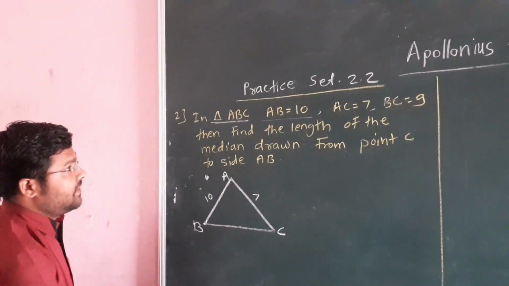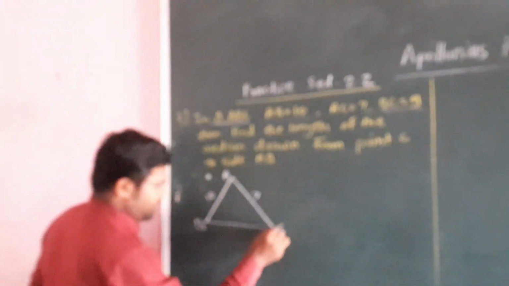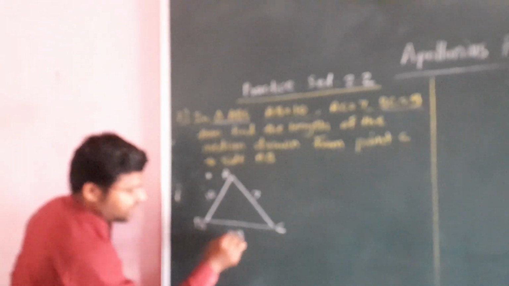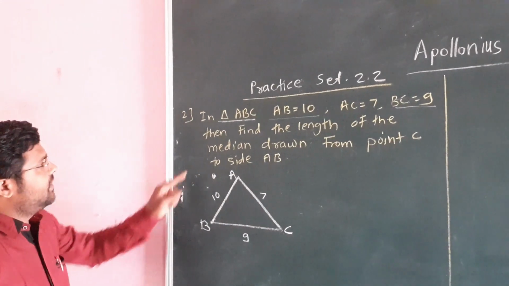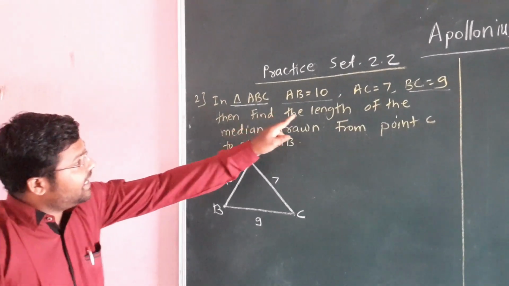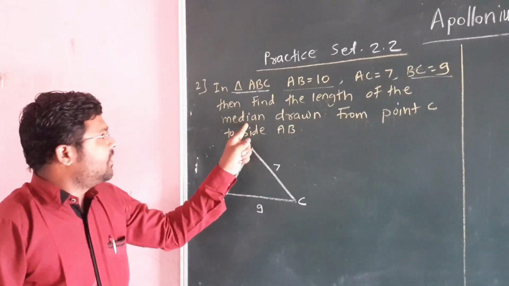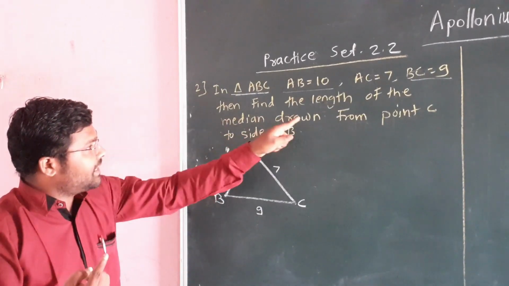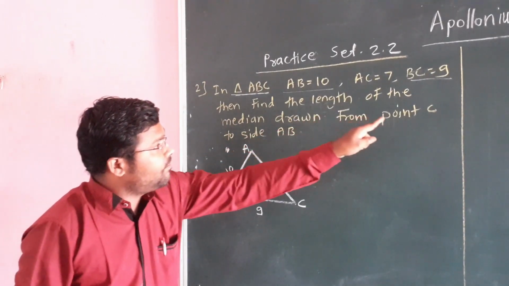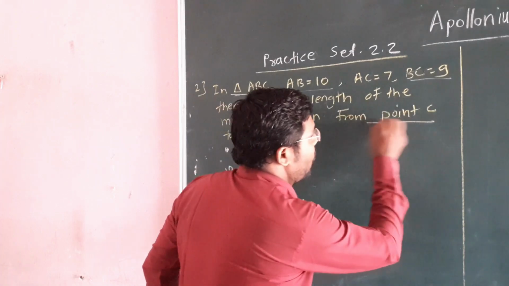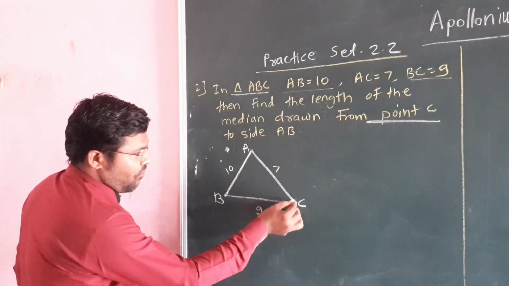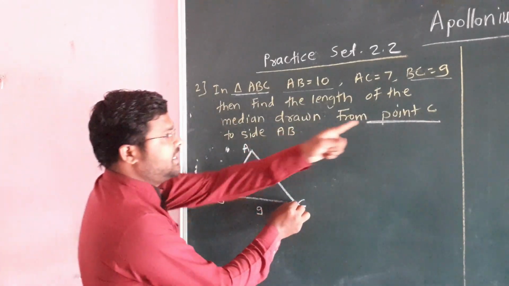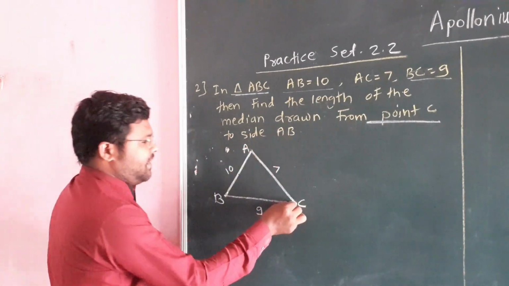BC is 9. So all the sides of triangle ABC are given. Then find the length of the median. But where is the median? He said drawn from point C, towards side AB.